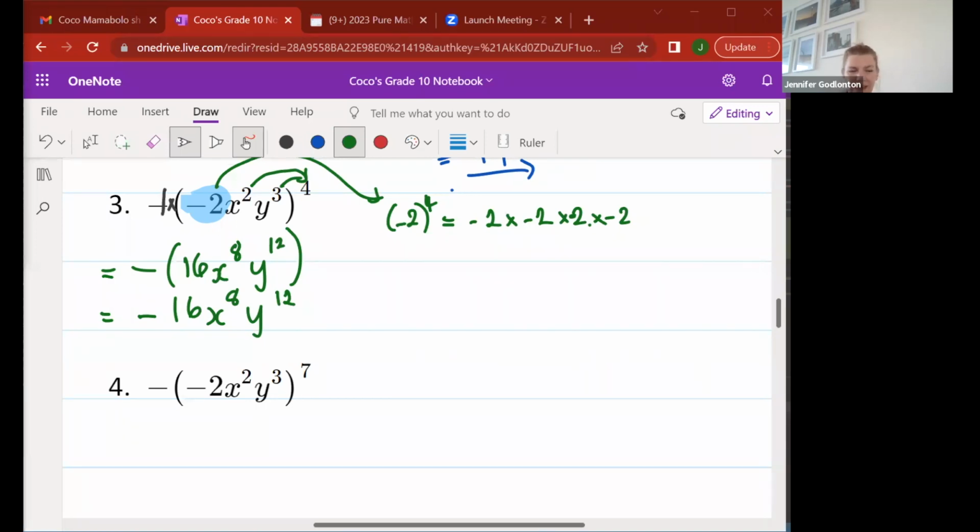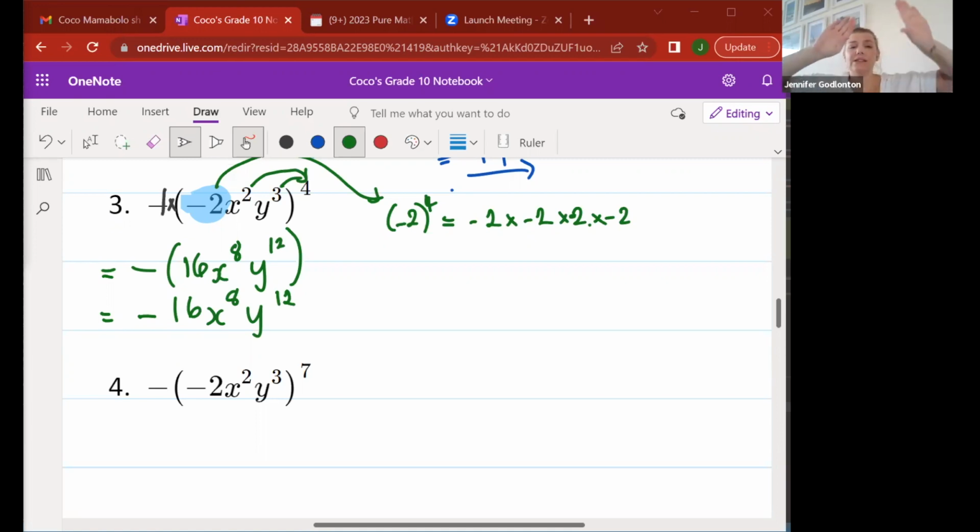Hello, ma'am. I was just asking, when we had number 3, we had -6 times negative open brackets, -2x squared, y cubed, close brackets to the power of 4. Ma'am, isn't there 2 negative signs? Yes.